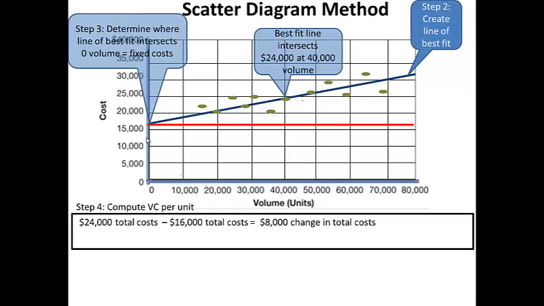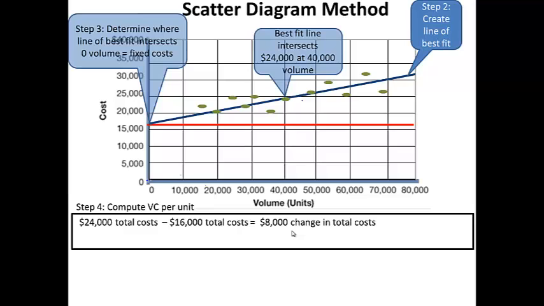Now it's a matter of calculating the slope, and it's very similar to the high-low method. We take our 24,000 in costs at that intersection and compare it to the cost that intersects at zero volume, which happens to be $16,000. So when we compute the difference, it's 24,000 in cost minus 16,000 in cost at zero volume. That means we had an $8,000 change in total costs.